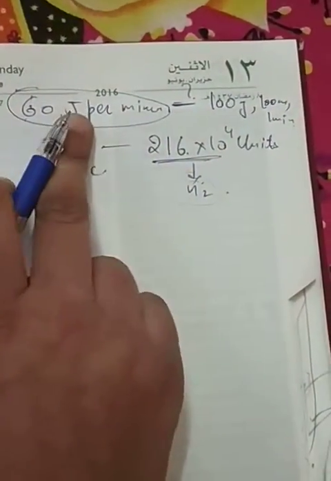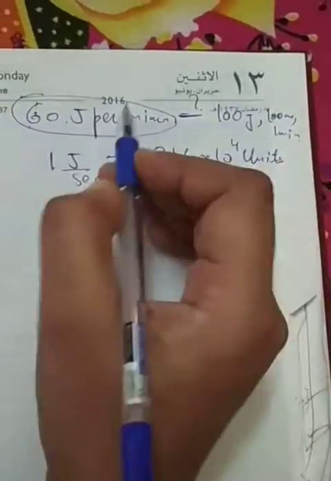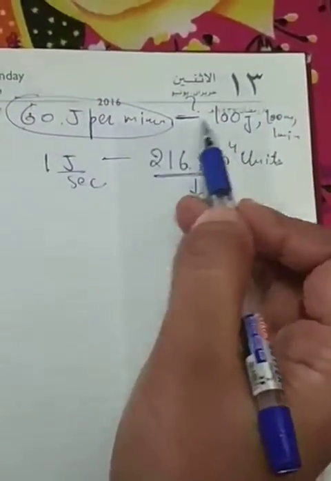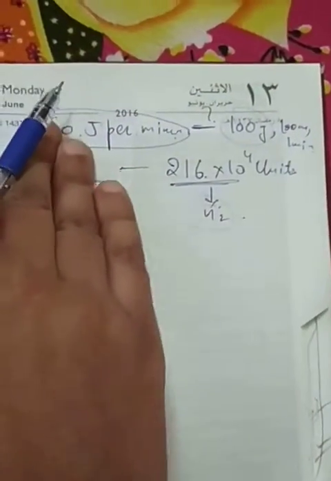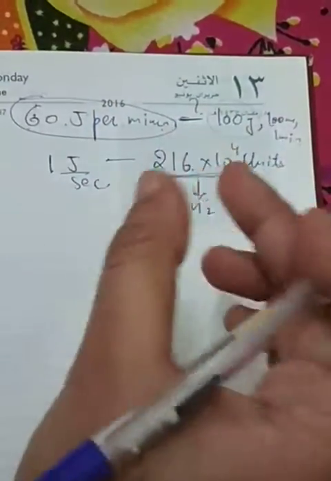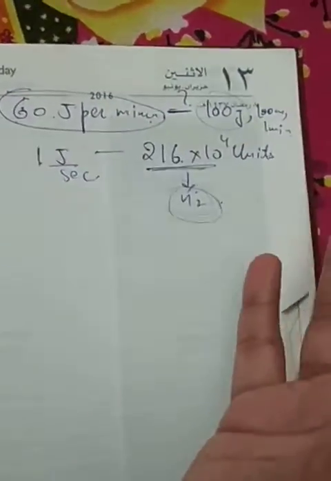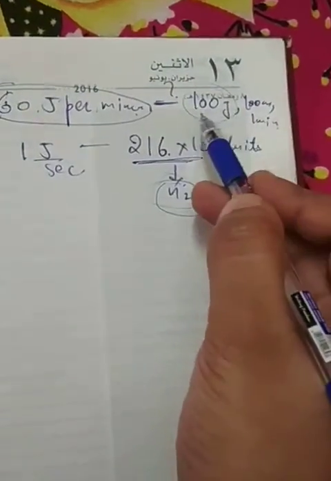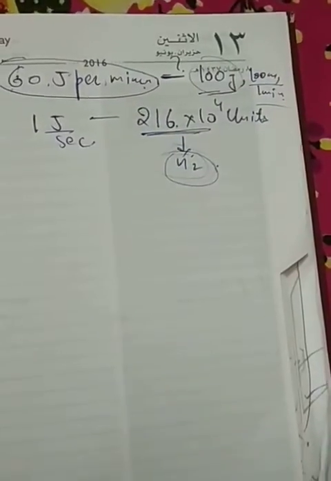Remember students, this 1 joule per second, we wanted to know how much this is in the new system, that n2, how much we have to multiply with the base unit so that we will get 100 grams, 100 centimeter in 1 minute. So this is the value of our n2. And this way we have lots more questions on it.